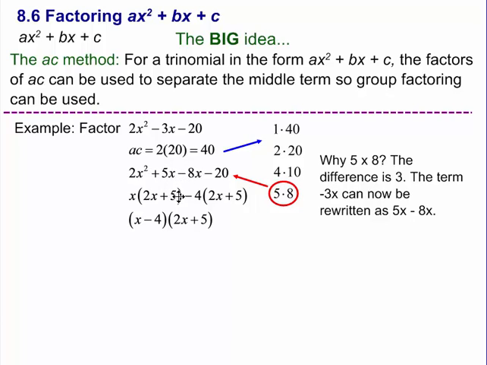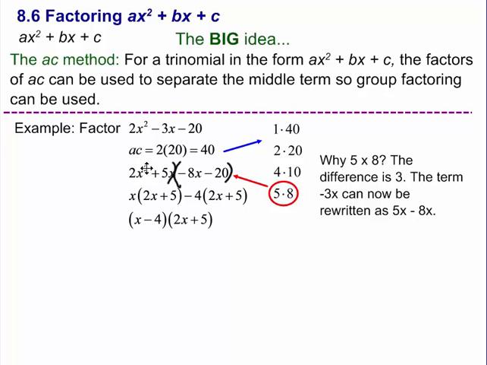Now if you look, this is nothing more than this. If I combine 5 and negative 8, I'm right back here. So I haven't changed anything. I've just used a different method to separate this into two different terms. The reason I want to separate it is because now we can use what we used in 8-8, which is factor by grouping.